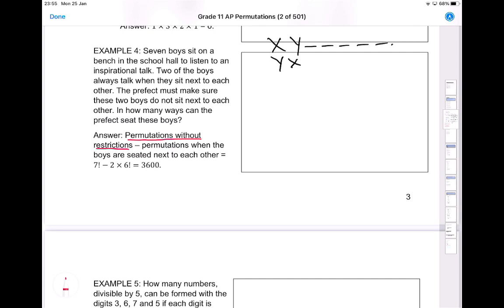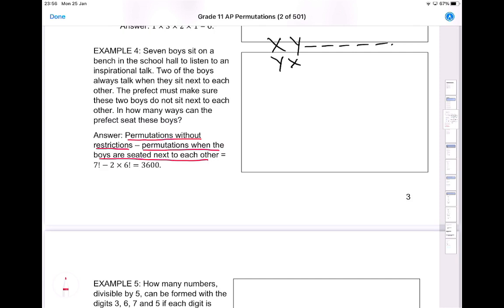Suppose there was no restriction, suppose there was no problem, then in how many different ways were we actually going to arrange these boys, right? So we look for the number of permutations, supposing there were no restrictions. Then, because we don't want them to sit next to each other, we should then subtract the number of arrangements when these boys are actually sitting next to each other. So we need to subtract the permutations when the boys are sitting next to each other.